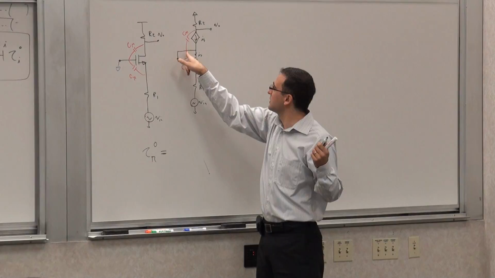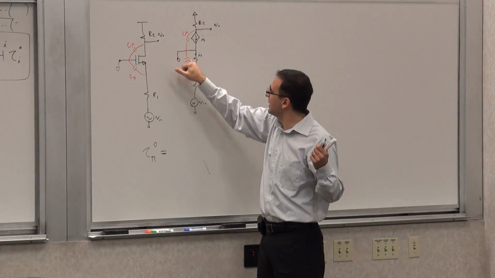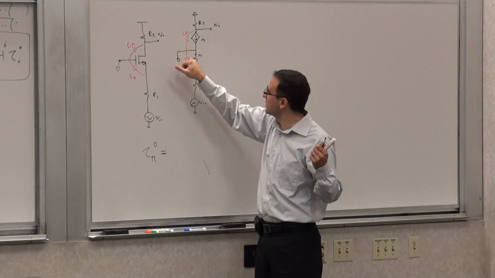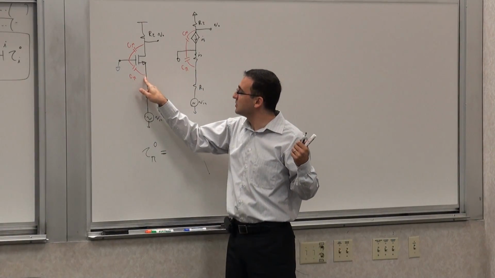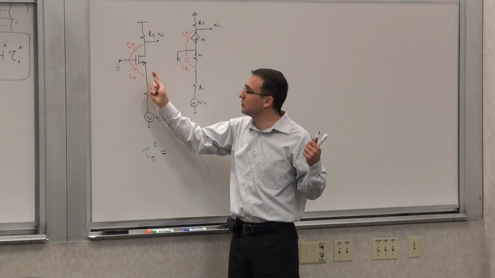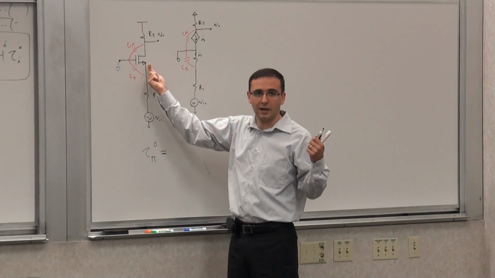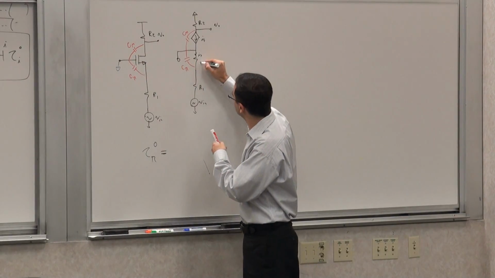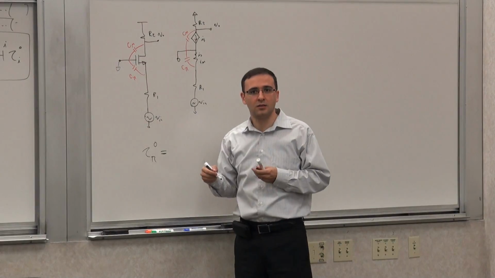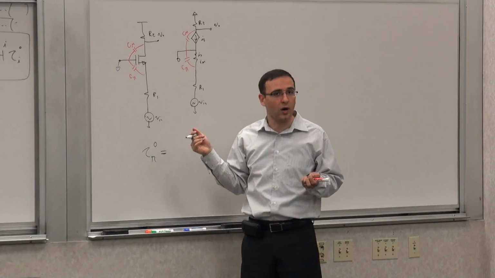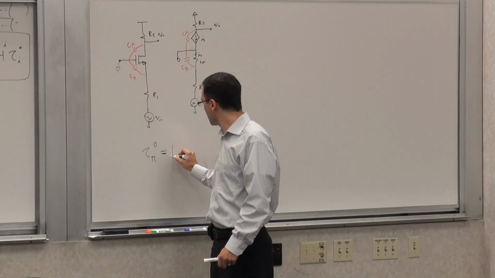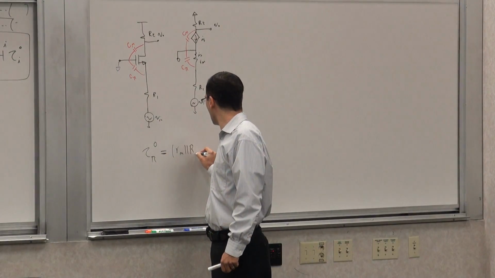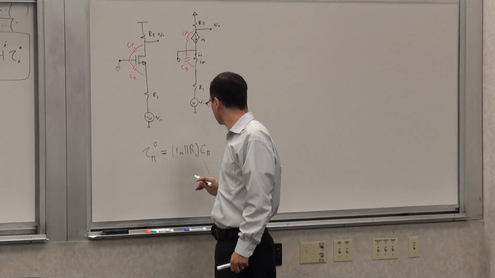So what is the resistance between this node and ground? What do you see looking up? Rm. What do you see looking down, when the sources are null? R1. So it's R1 parallel Rm. So it becomes Rm parallel R1 times C pi.